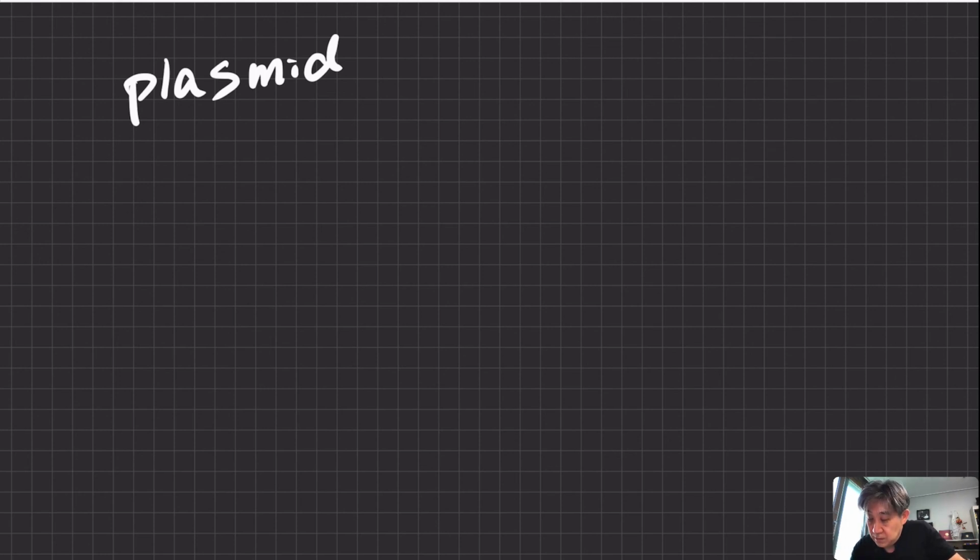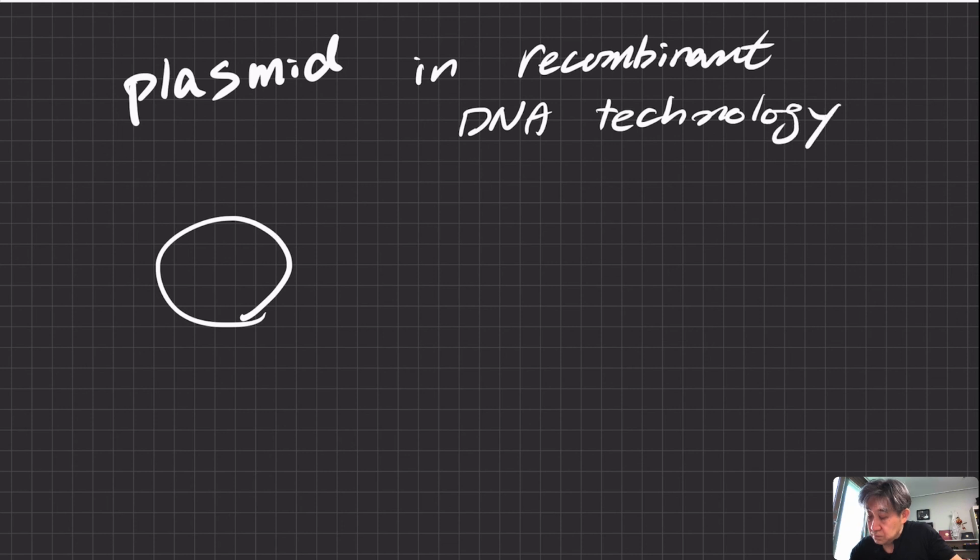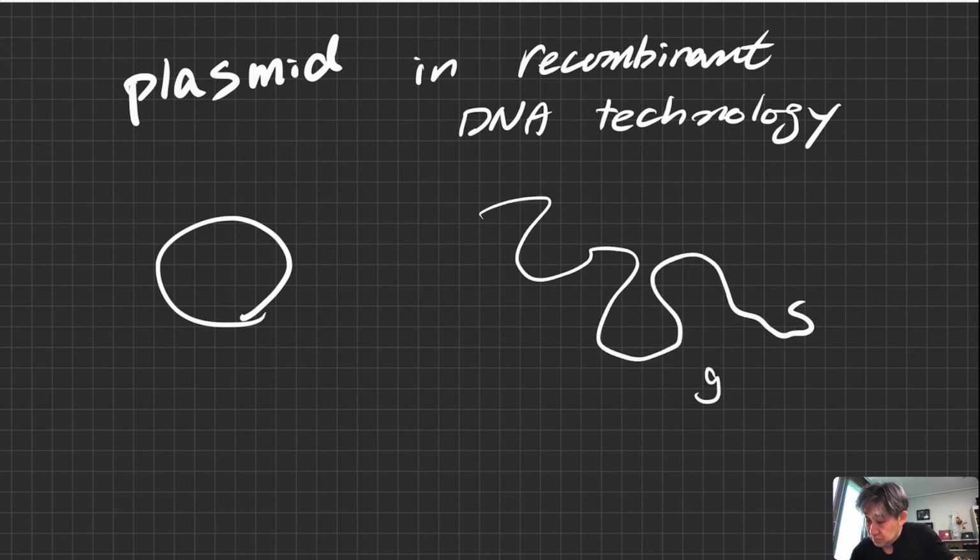Speaking of this plasmid, in recombinant DNA technology, you have this plasmid DNA, but the beauty of this plasmid is you can insert, let's say this is your human genome, and in some area of the human genome you have your insulin gene.